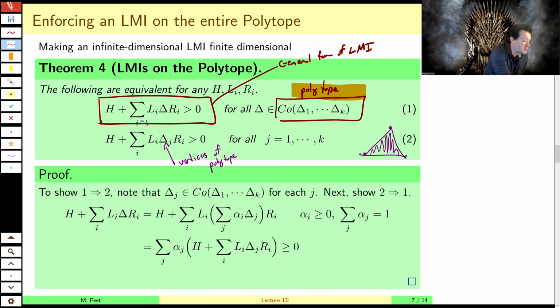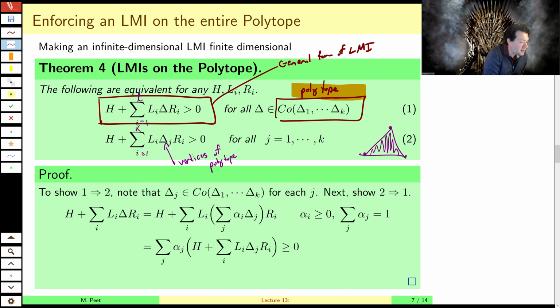So i equals 1 to L, for example, not K. But the delta j's here, and j is a different index than i, go from 1 to K. So there are K vertices in this polytope. For example, if you were taking the weighted average for the polytope based on measurements, and you had K measurements, there would be K vertices.